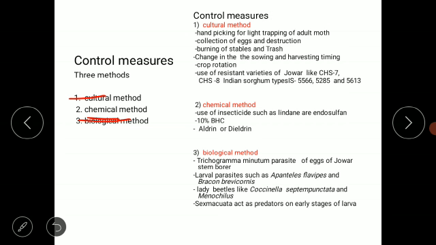Then use of the light trap for capturing the adult moth is also one of the best methods. Then collection of the eggs, and after collecting the eggs we destroy them. So these are three different methods for three different stages. We pick up the larva, we collect the eggs and destroy them, and we collect the adult moth with the help of light trapping.